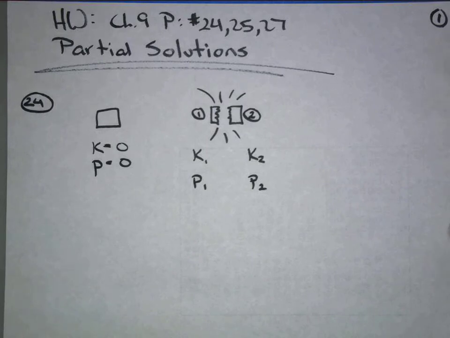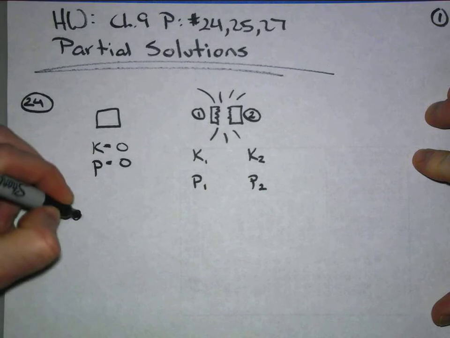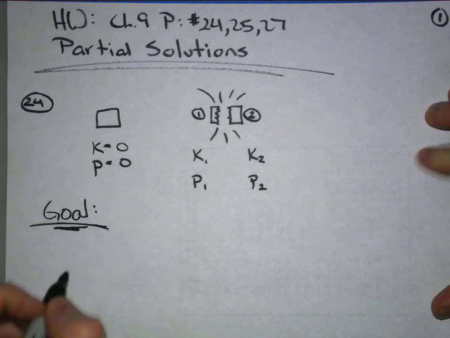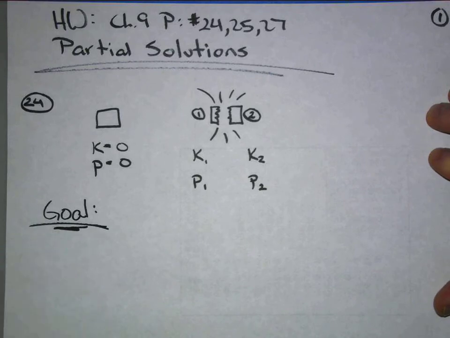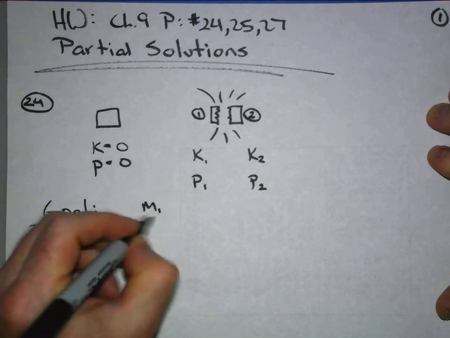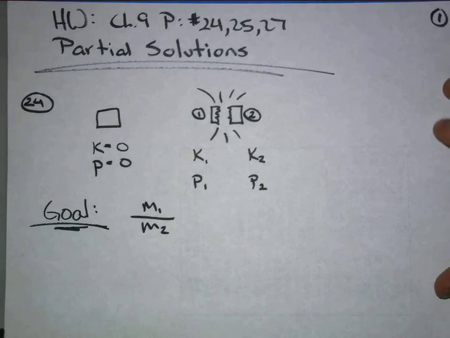Now, here's one of the keys to this problem. Remember the goal: what we're looking for, the final answer that we need, is the ratio of the two masses. So what if we come up with the ratio of mass 1 to mass 2?